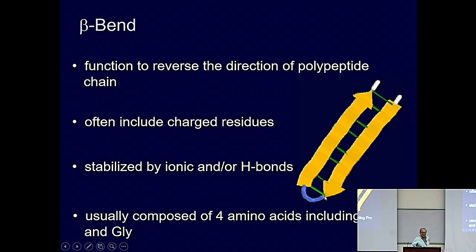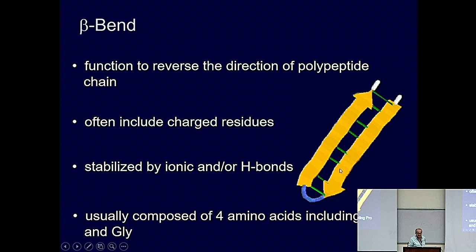This short segment is usually about 4 amino acids. In the 4 amino acids, you find either a proline or a glycine. One of these, if present, will create what is called a beta bend.